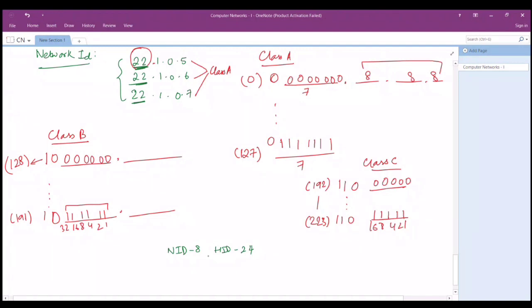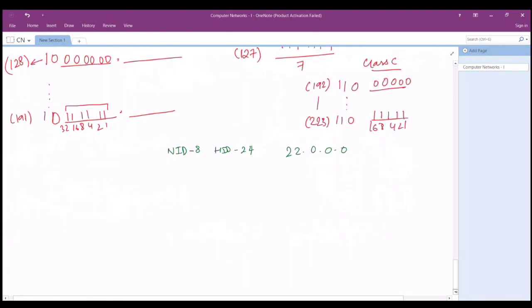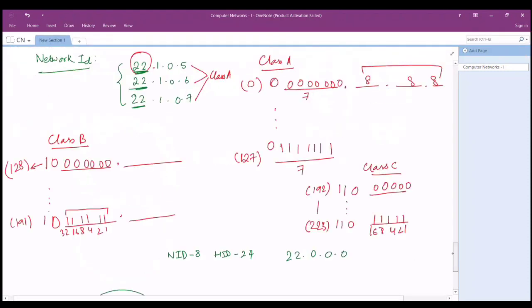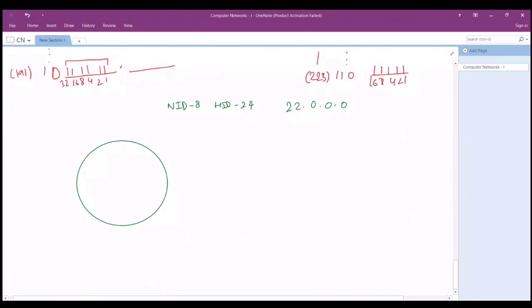So the network ID of the entire network would be 22.0.0.0. Means, you see, you have this, right? And in this, we have 22.1.0.5, 22.1.0.6, 22.1.0.7.